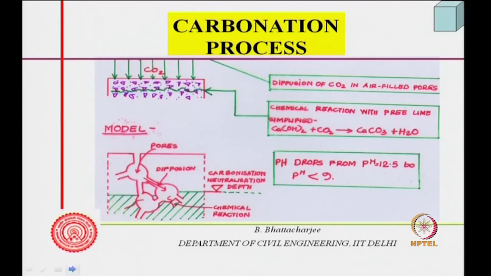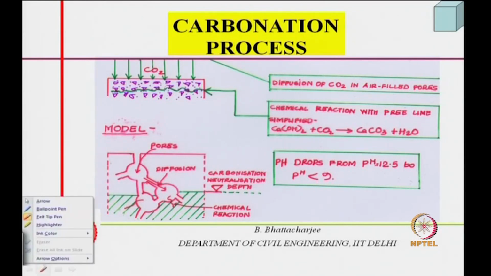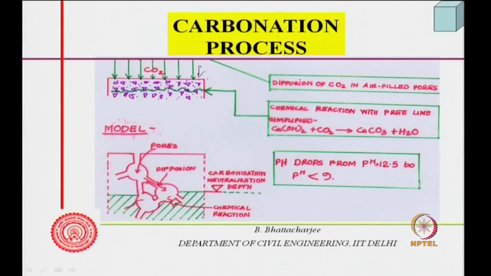In the carbonation process, carbon dioxide from the atmosphere penetrates into concrete from the surface as shown here, and in the presence of moisture, carbon dioxide plus water can form carbonic acid, and this carbonic acid can react with, let us say, sodium hydroxide to form sodium carbonate plus water.